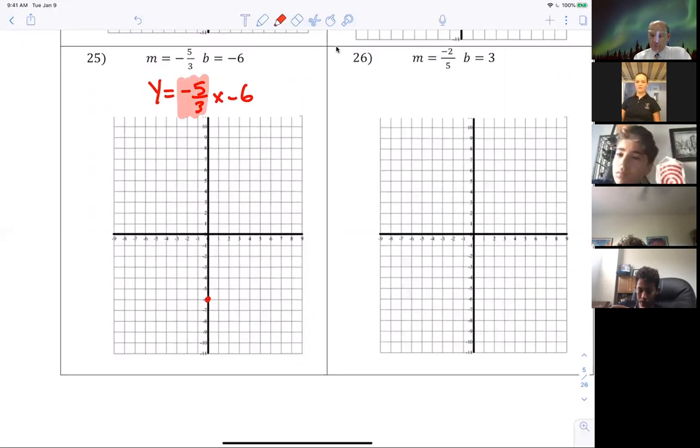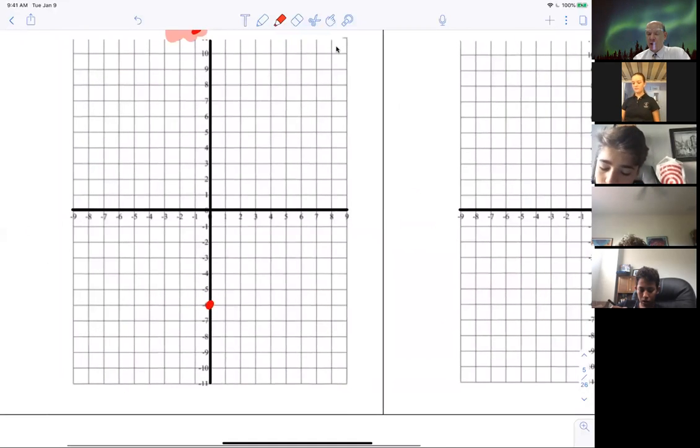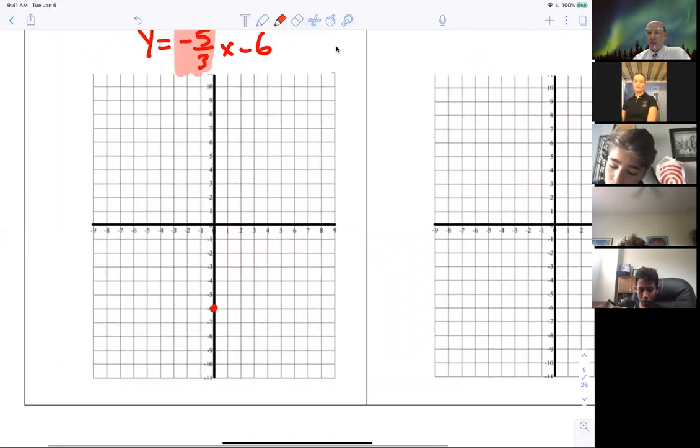Down 5 over 3. Now let's say, for example, guys, I don't want to go down 5 because I'm running out of room. Do you remember what we could do instead of going down 5, Jude? We just go in the opposite direction. So up 5, and then which direction would we go?